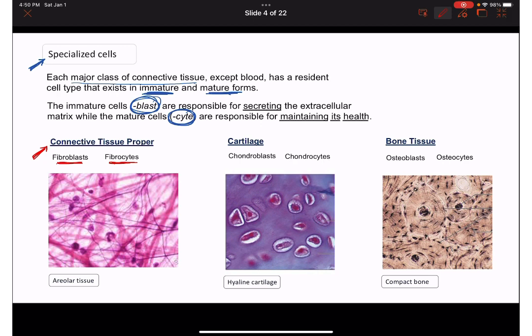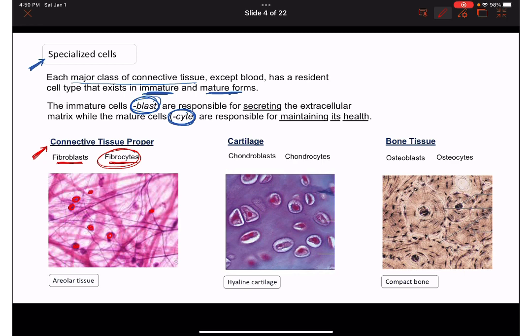And down here we have areolar tissue, and what I'm circling here are the nuclei of different fibrocytes. Okay, the nucleus of a cell stains really easily. And so all of these nuclei are from different fibrocytes.